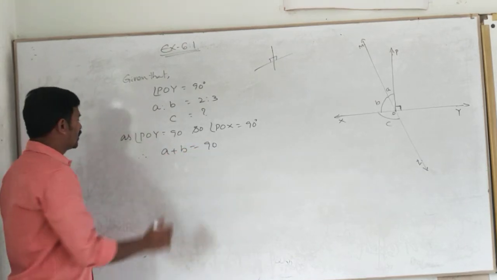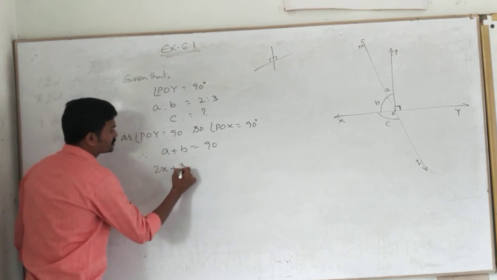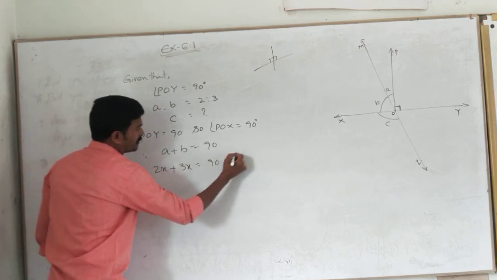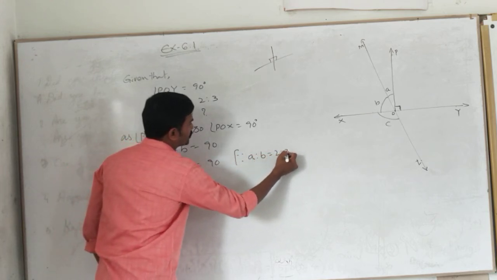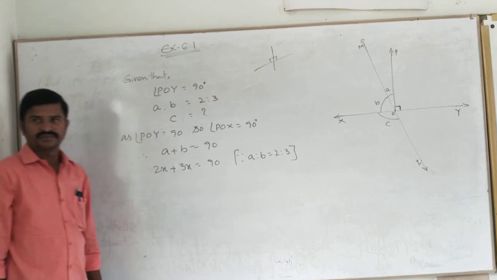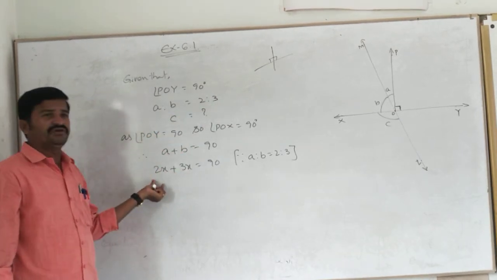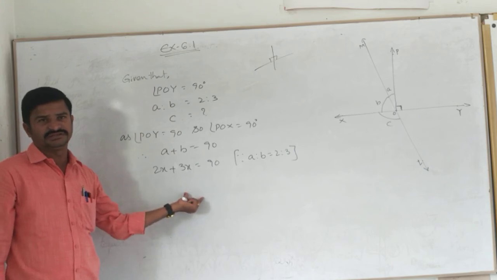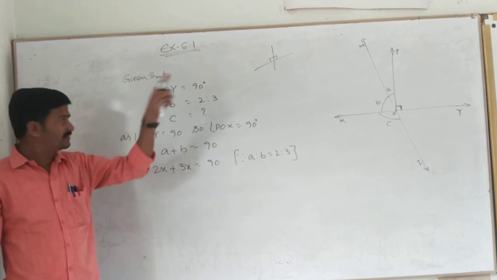Okay. Now let A equal 2x and B equal 3x. Why? Since A is to B equals 2 is to 3, the ratio is given, so I am taking A as 2x and B as 3x. The sum is 90 now, because the total is 90.